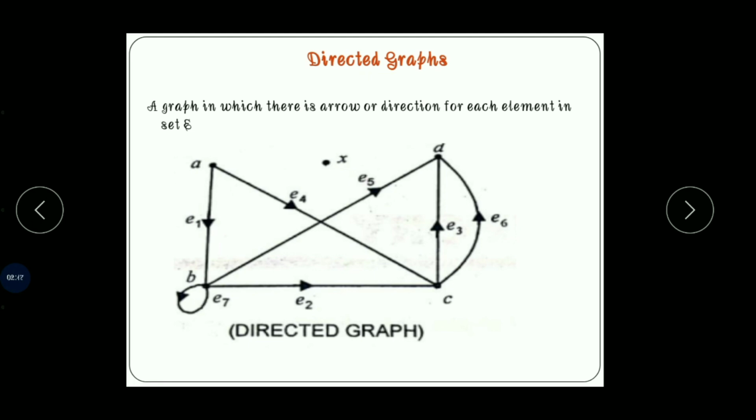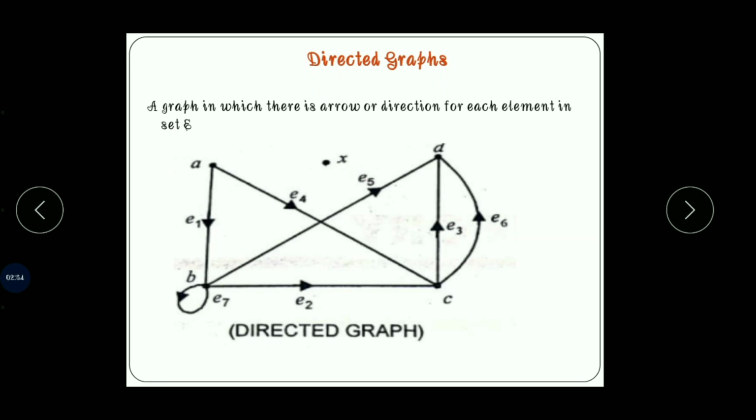So now what are directed graphs? In a graph, if we give direction to the edges, here see I have given direction to these edges: E1 is going from A to B, E2 is going from B to C, E3 is going from C to A, E4 is going from A to C, E5 is going from B to D, E6 is going from D to C, E7 is going from B and coming back to B. Such a graph in which all the edges have some direction.